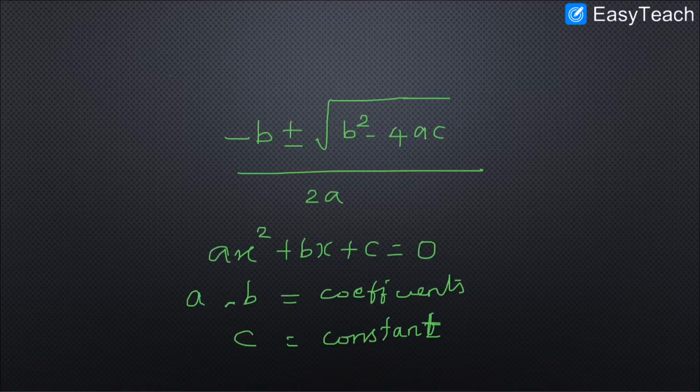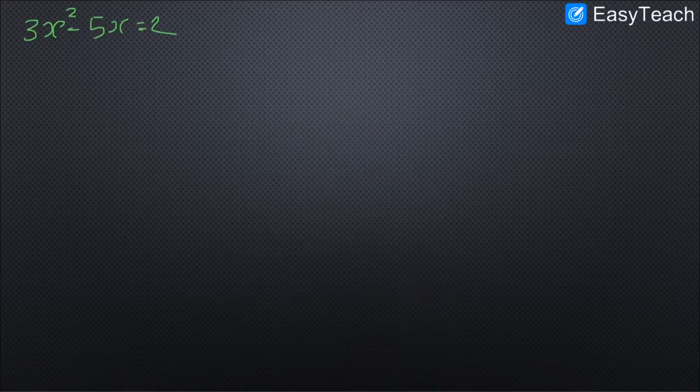For example, here we have one equation, 3x square minus 5x equals 2. This is a quadratic equation, but it's not in the standard format. So we have to transform this equation into the standard format of a quadratic equation, which is 3x square minus 5x minus 2 equals 0.